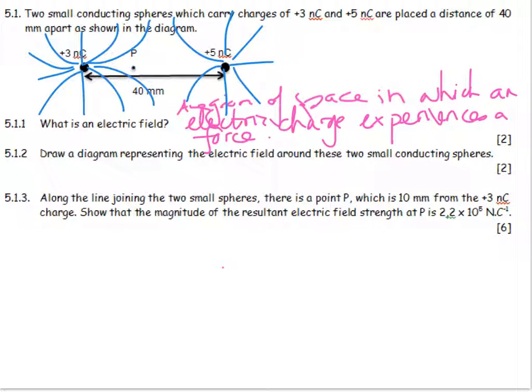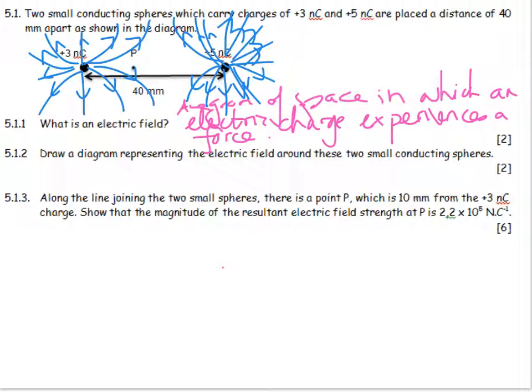It's from positive to negative, so your arrows will all go away. But you also need to show quite clearly that the plus 5 has a much higher field density than the plus 3.